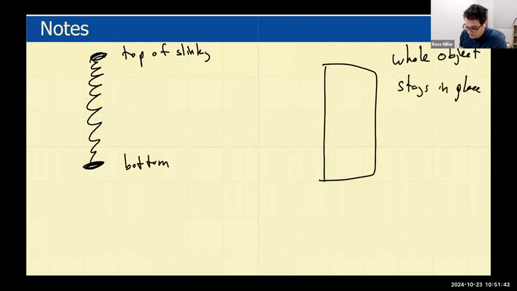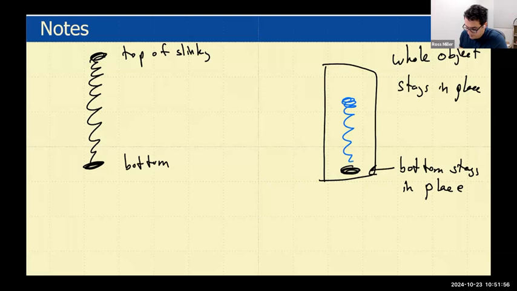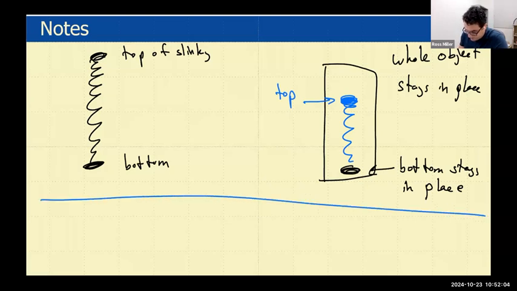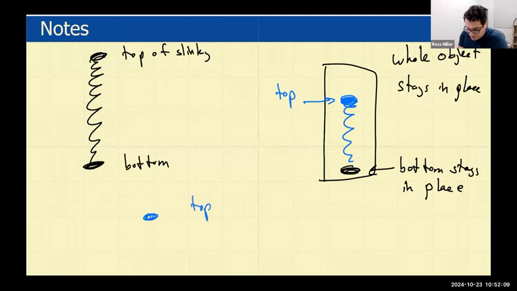But then what we see is the bottom stays in place as well, versus the top. So there's two things there. The top has two forces.